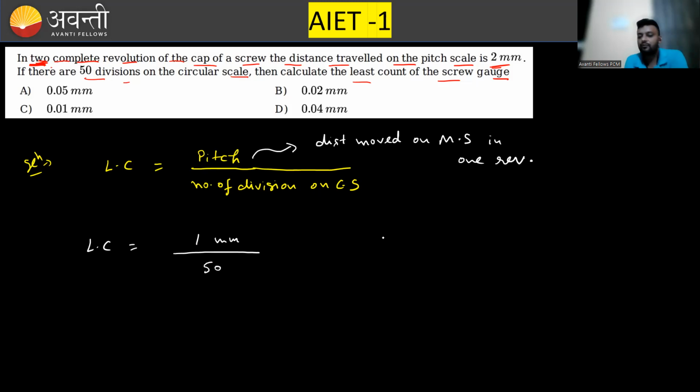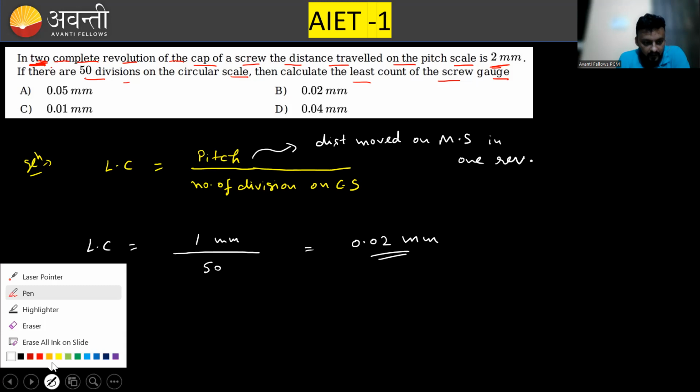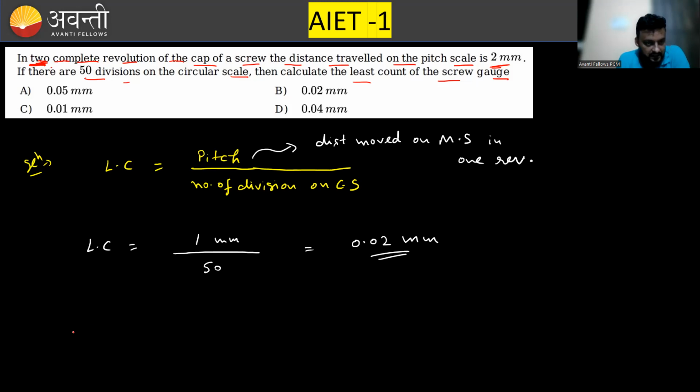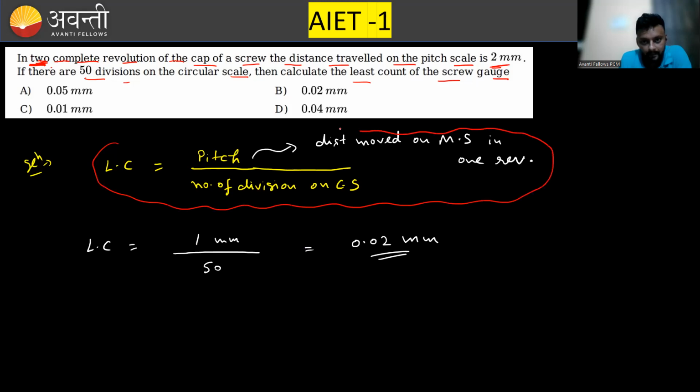So that is 1 by 50, that is 0.02 mm. Clear? Yes, sir. Very much clear. Done now. We will move further. If you are not aware of these things, then just remember this relation. This is very important for you.